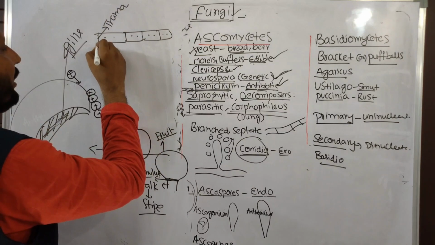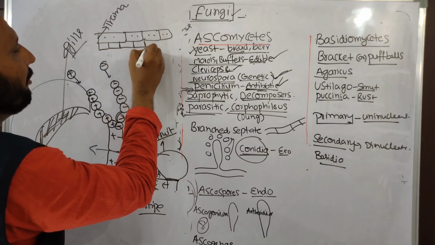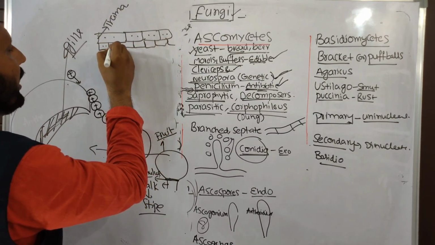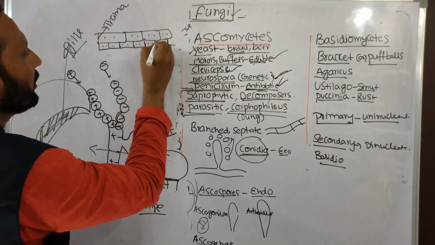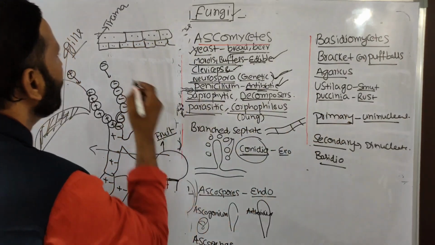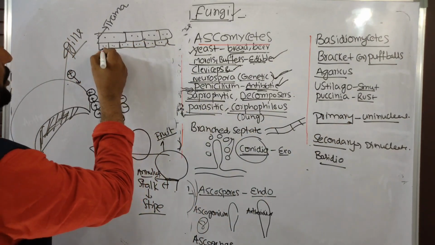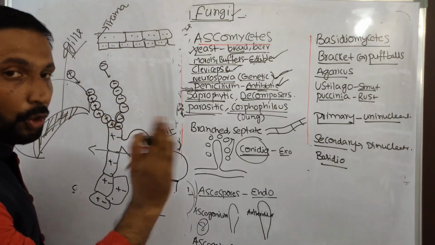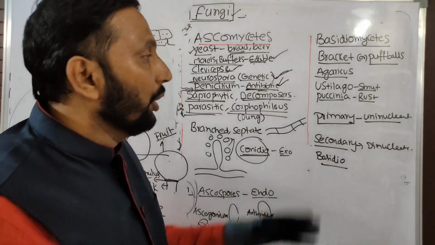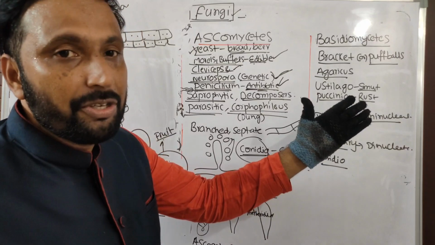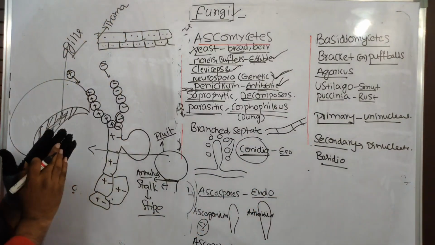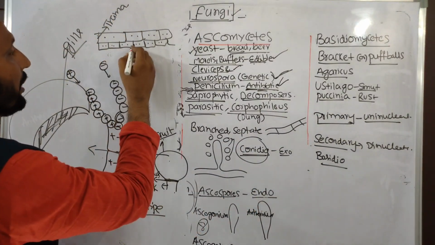Now the trama forms new cells with two nuclei. Dikaryotic, always dikaryotic. Okay, so two nuclei. It is sexual reproduction, no asexual spore formation. No asexual spore formation in Basidiomycetes. Only sexual reproduction.